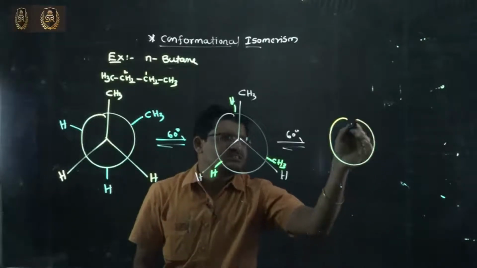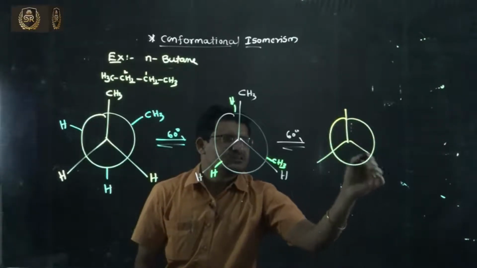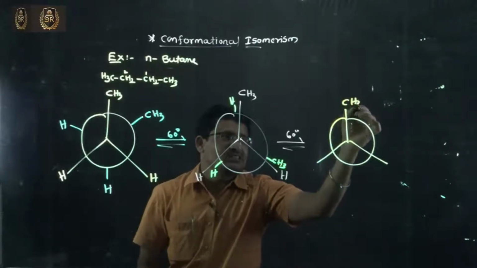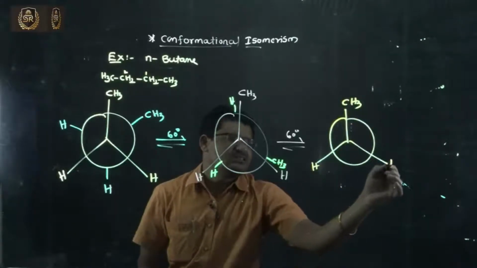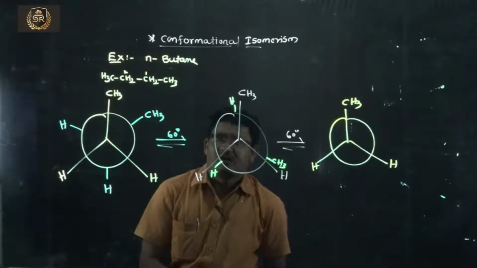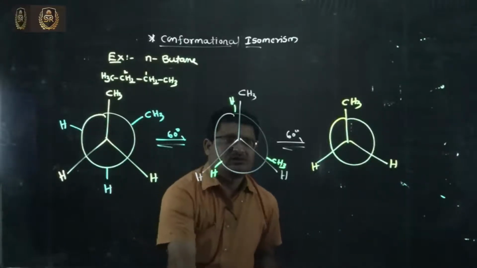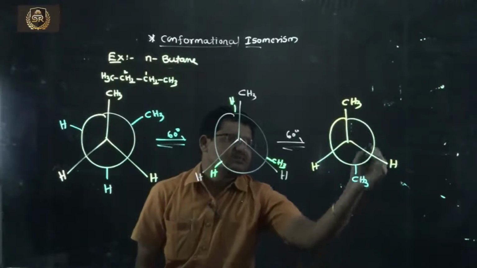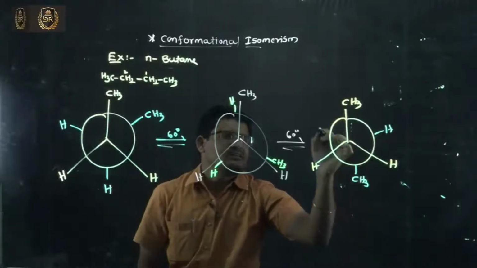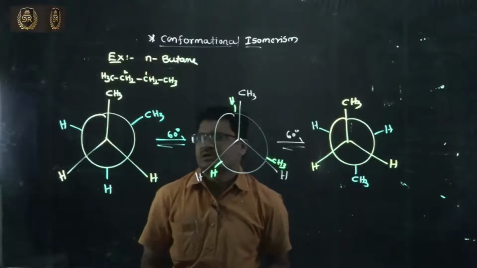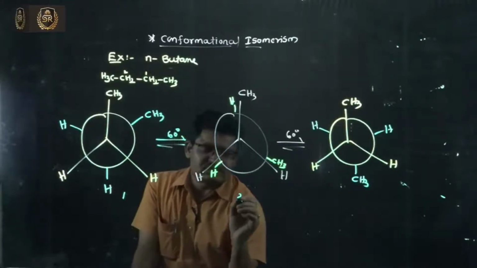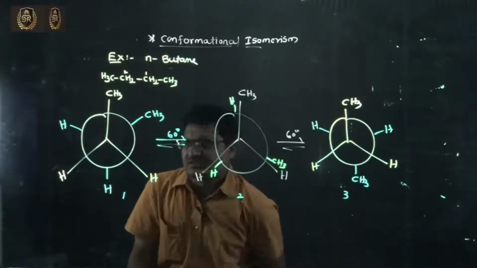This is CH3, H. On the other carbon, this CH3 comes to this side and the hydrogens are on these sides. This is the third structure.